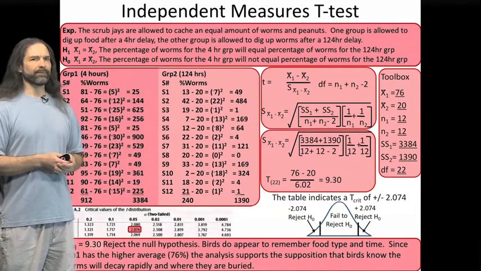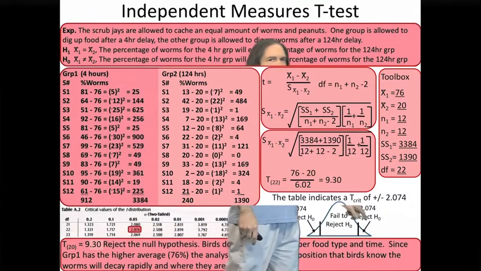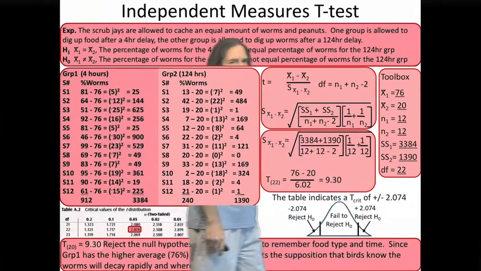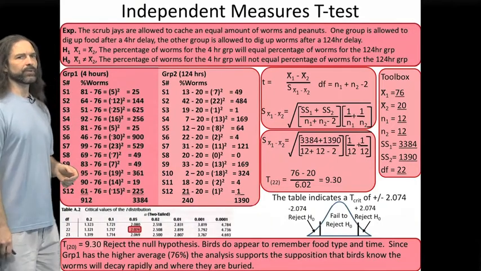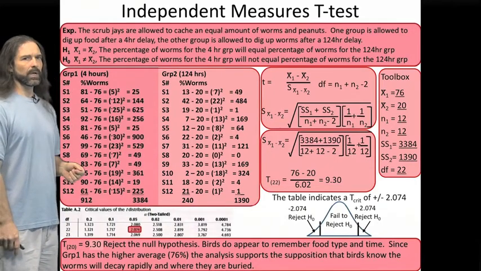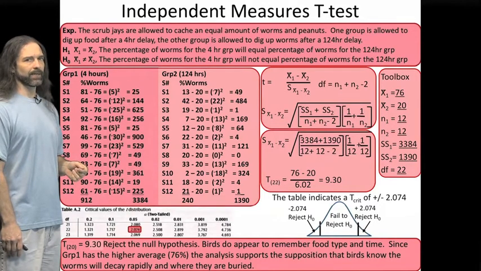So 9.57 is going to fall all the way over here in the tail above positive 2.074. That indicates that it is sufficient to reject the null hypothesis. So the birds do appear to remember the food type and time.